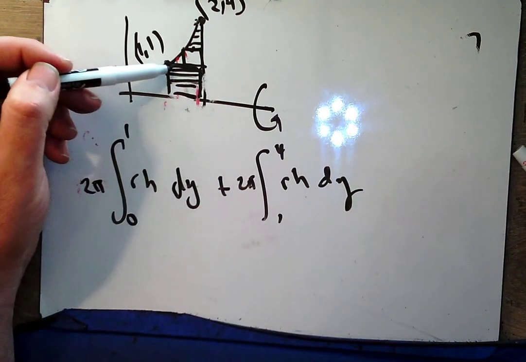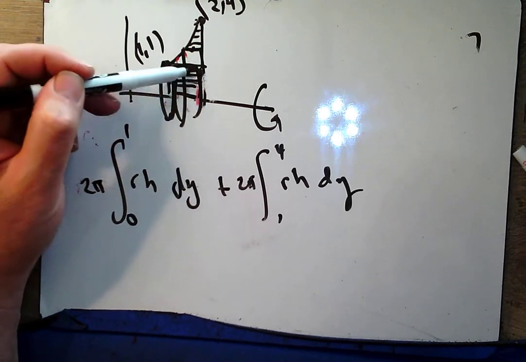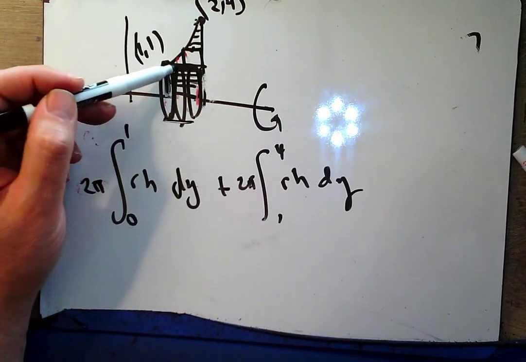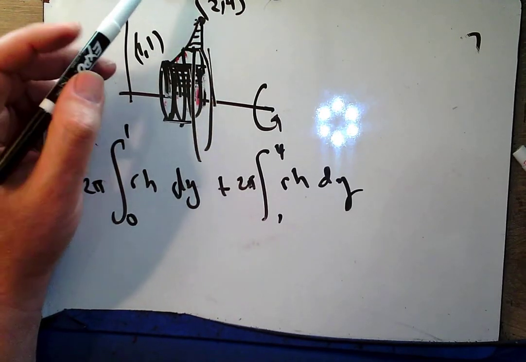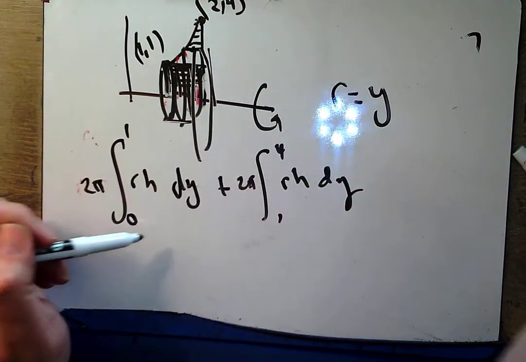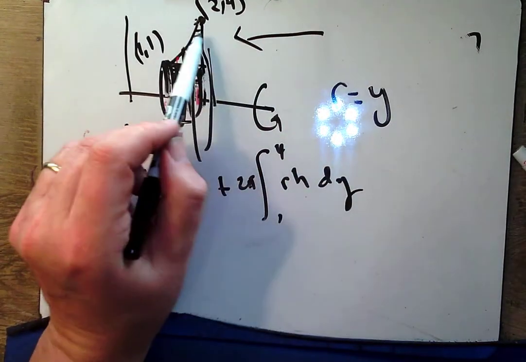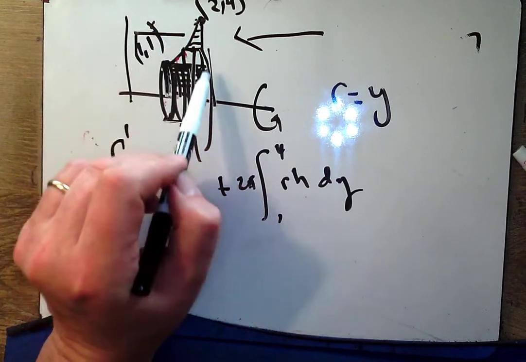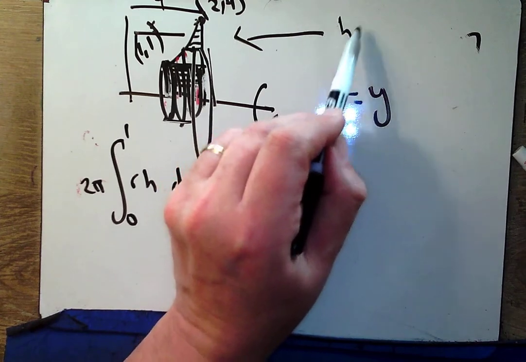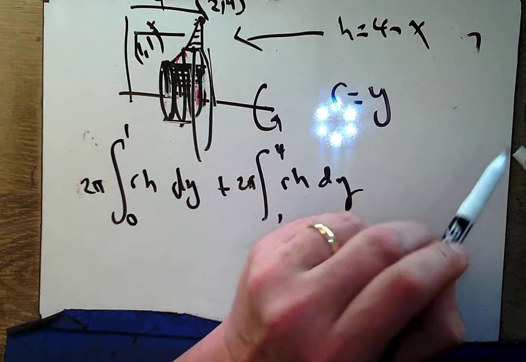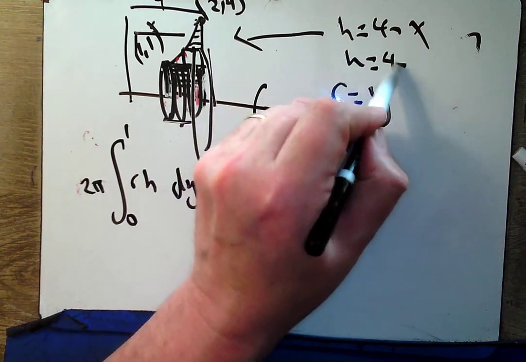Now the radius here, the radius is my y value. Is that also true here? Yes, it's also true here. So r equals y in both cases. h is going to be different though. Up here, my height, if this is x and this is 4, my height is going to be 4 minus x. But since this is a dy integral, I need h equals 4 minus root y.